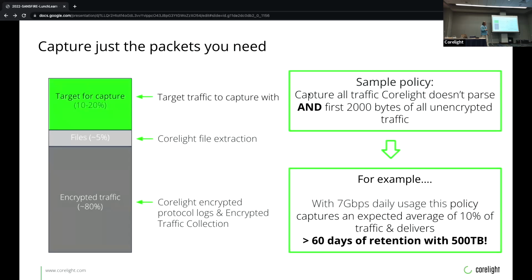So in this example, if somebody has 7 gig of daily usage, and say they're going to capture 10%, with 500 terabytes you have greater than 60 days of retention. And the important piece of this is that Corelight works with you if you have your own hardware, so you don't need to buy racks and racks of spinning disk. 500 terabytes is pretty reasonable to have in a small form factor environment.